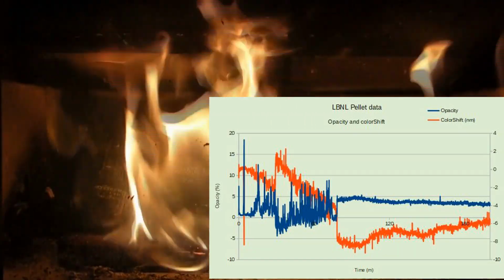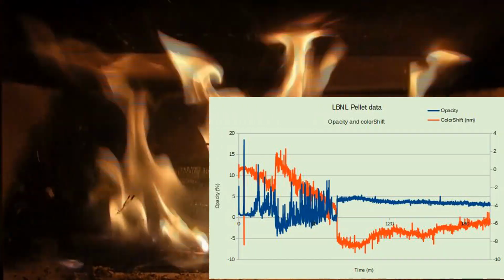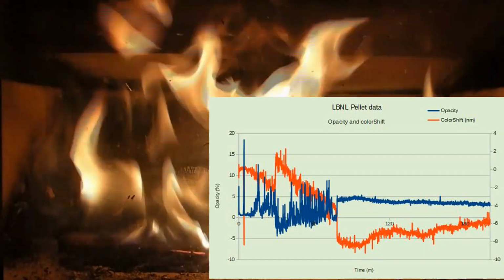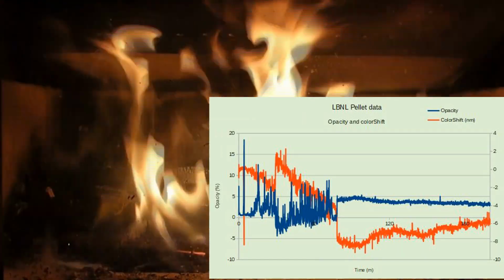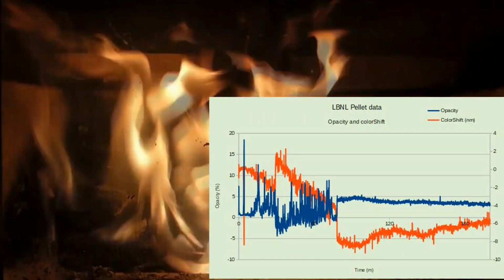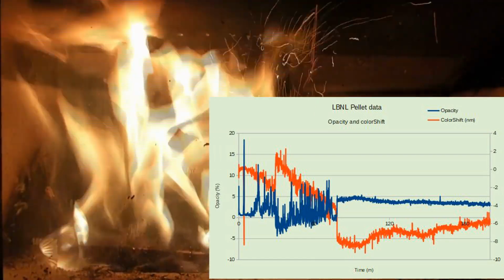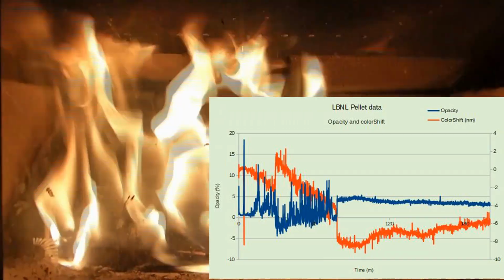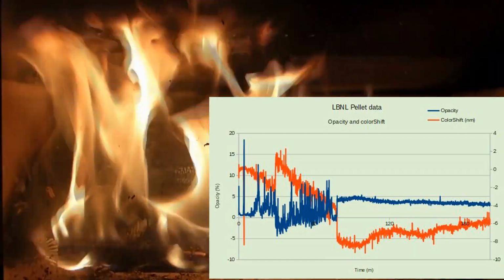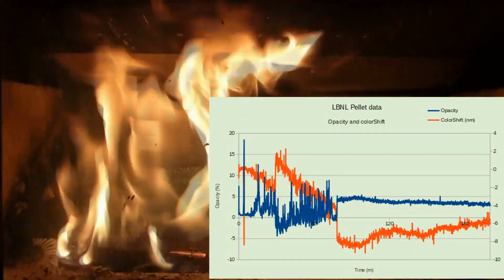That brings us to this chart. I'm really pleased with this chart because I didn't do this testing. I provided the instrument and sent it down to Berkeley, and their team tested it. Their particular interest is in opacity. When we started this process, some of the reviews were that a pellet stove would not indicate signs of opacity because it burns so clean.